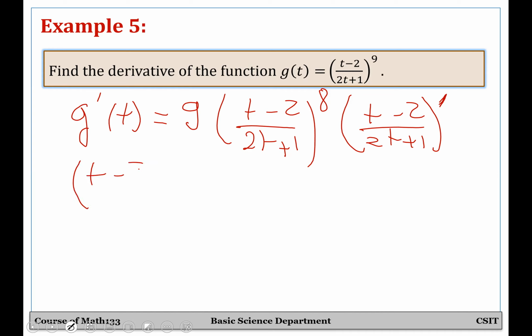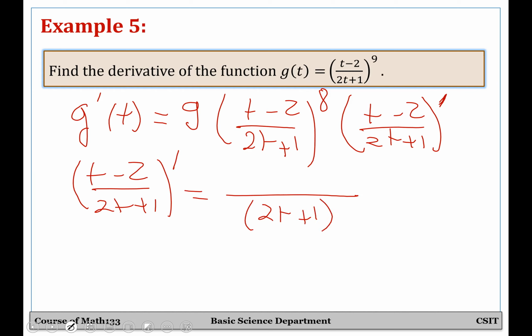So t minus 2 over 2t plus 1 prime. This is quotient rule. So it's over 2t plus 1 squared. And in the numerator, derivative of t minus 2 is 1, multiplied by 2t plus 1, the one in the denominator without derivative, then minus t minus 2 without derivative, times the derivative of 2t plus 1, which is 2.